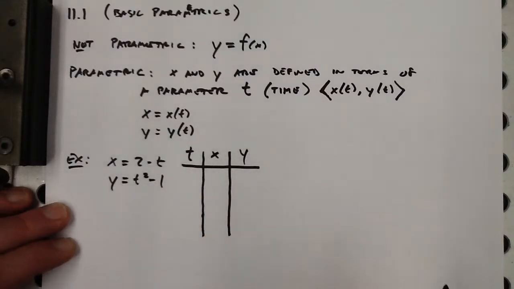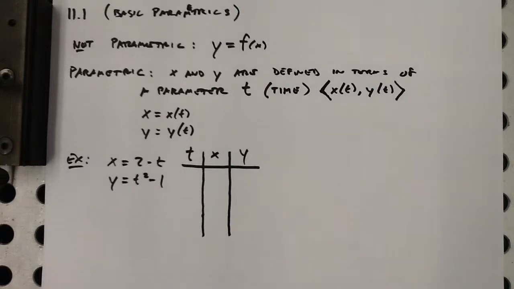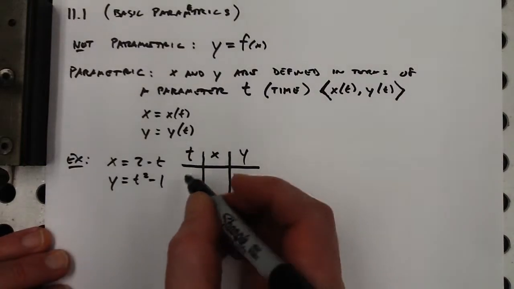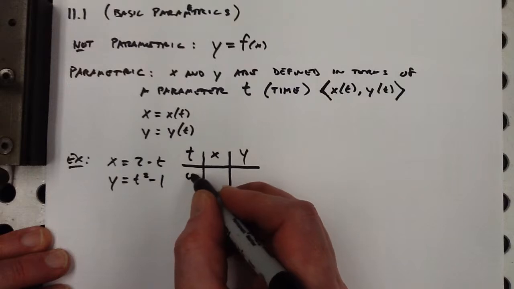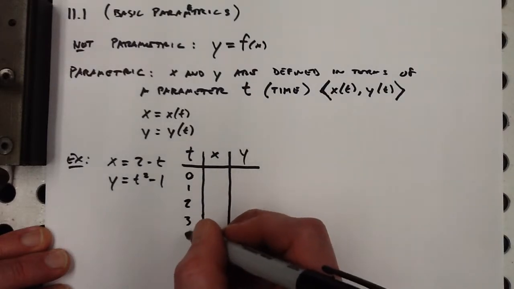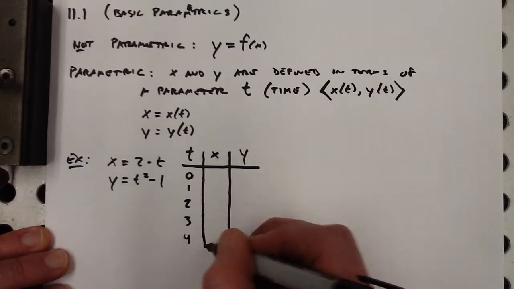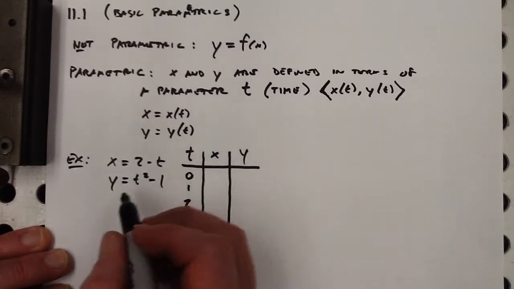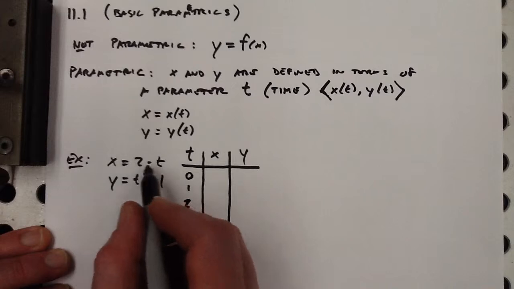And it doesn't have to be the case that the t variable starts at 0. But if we're interpreting it as time, it would make sense that whenever we start paying attention, that's time 0, and then time moves only forward from there. So I'll pretend that that's what's happening here. And then we can find our x values.